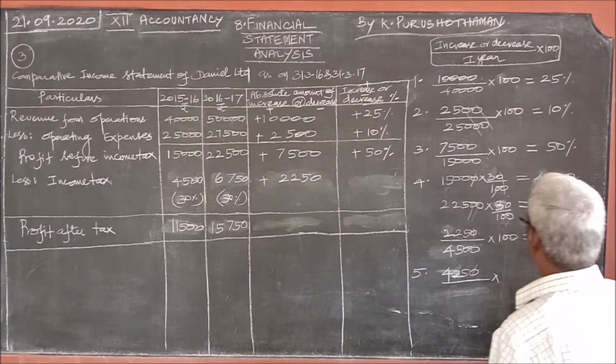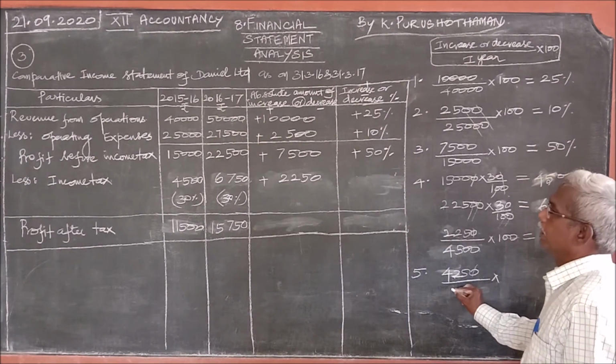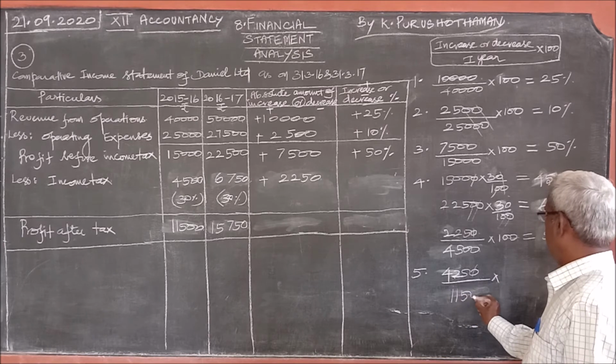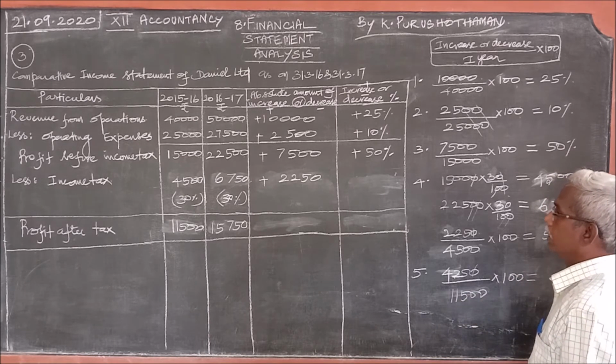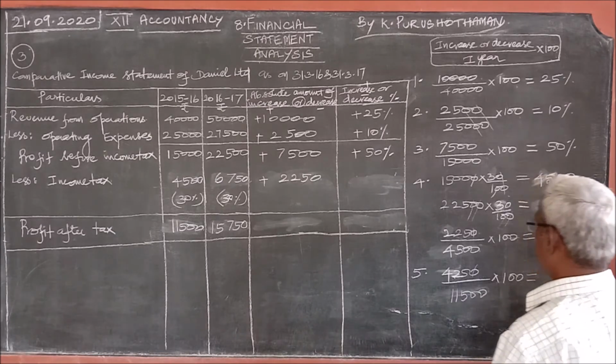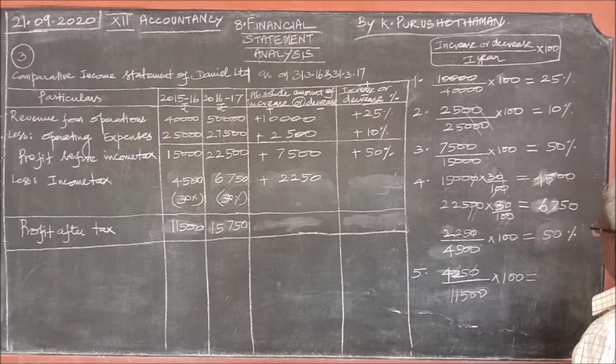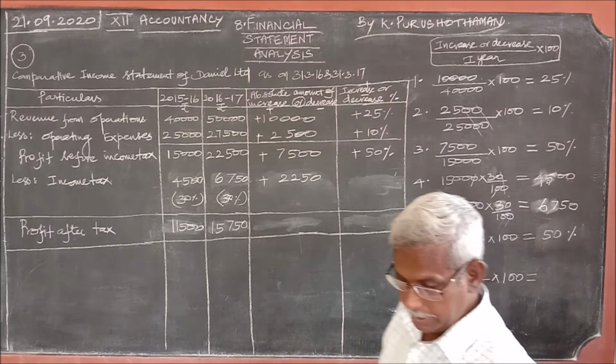Okay. So 4,250 by 11,500 into 100. This is the profit after tax, 4,250 by 11,500.